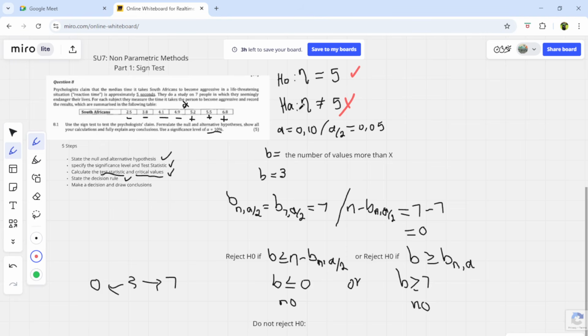So if the null hypothesis is correct, then there is enough evidence.